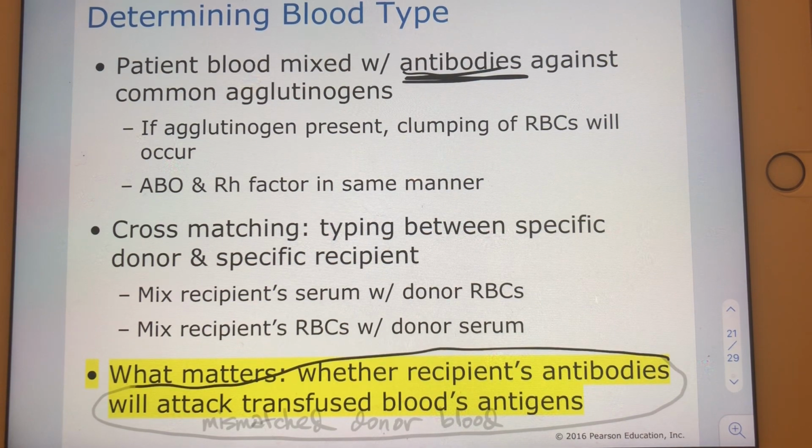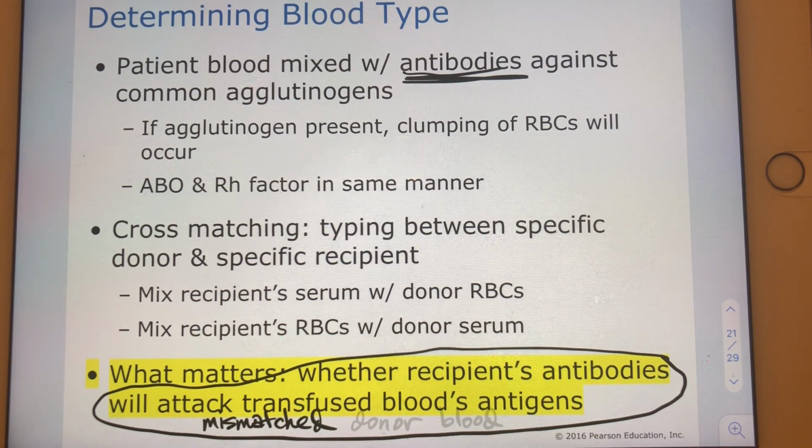And again, it's the recipient's antibodies that will attack mismatched donor blood. If it's not mismatched, then no attack, no agglutination. Mismatched donor blood. Okay. And antigens here is the same thing as agglutinogens.